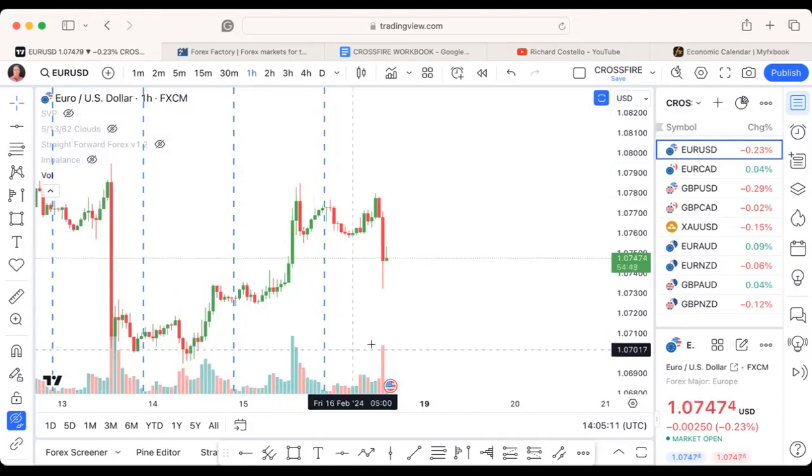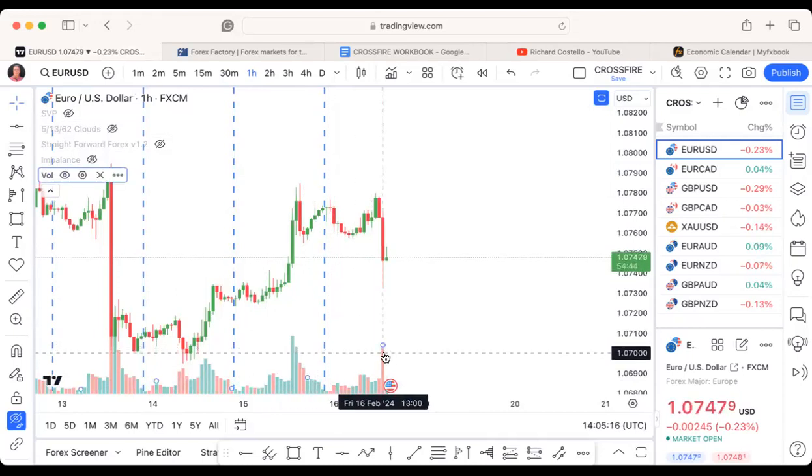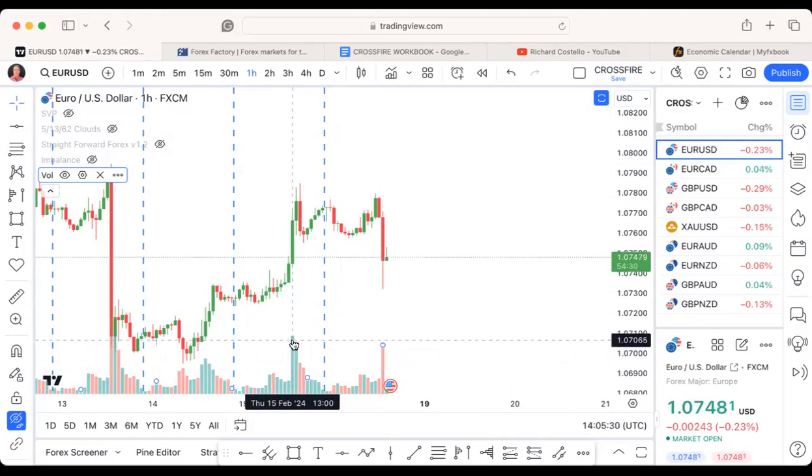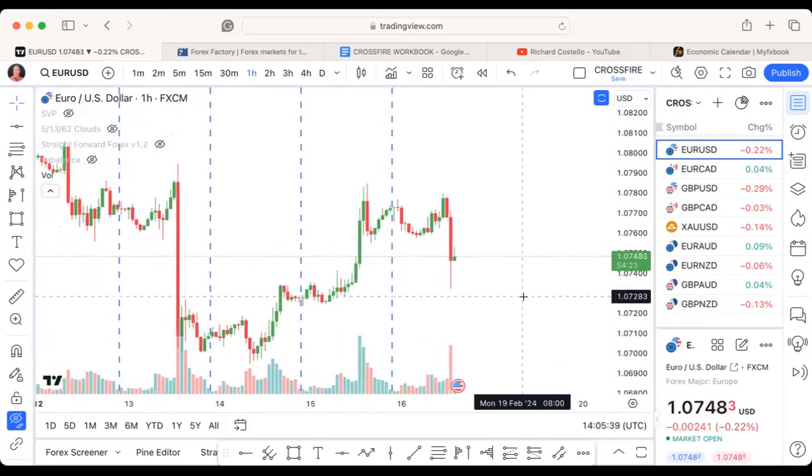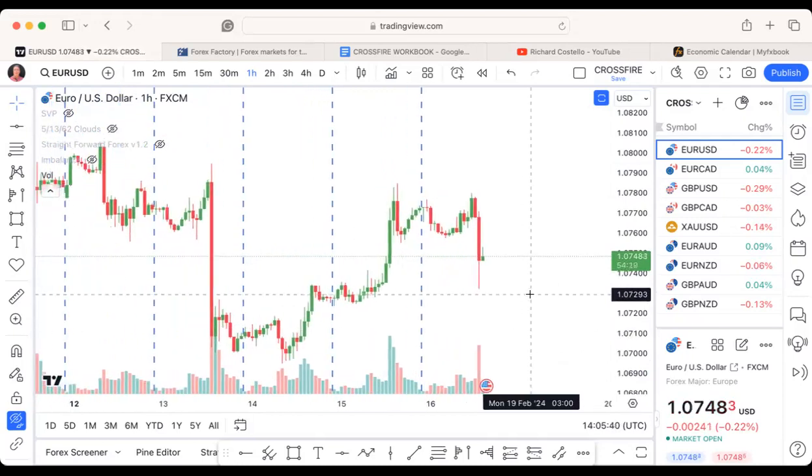I'm on the 1 hour chart, and the 1 o'clock candle had the most volume. So the most trades were placed at that time. That's the peak for today, and for yesterday, 1 o'clock and 2 o'clock. So this is volume at a specific time as opposed to volume at a specific price.